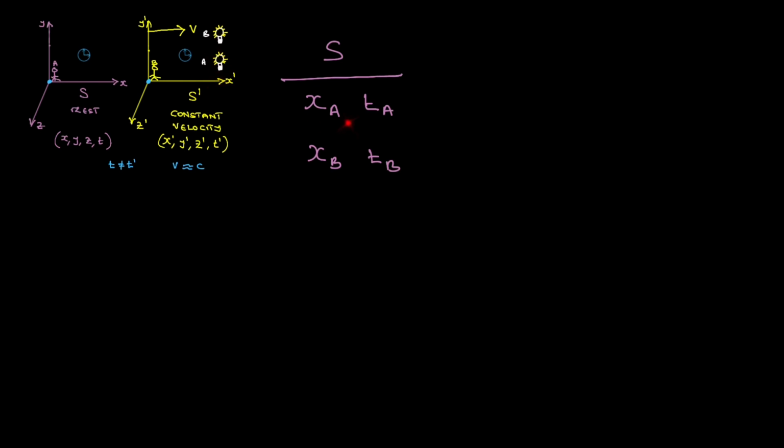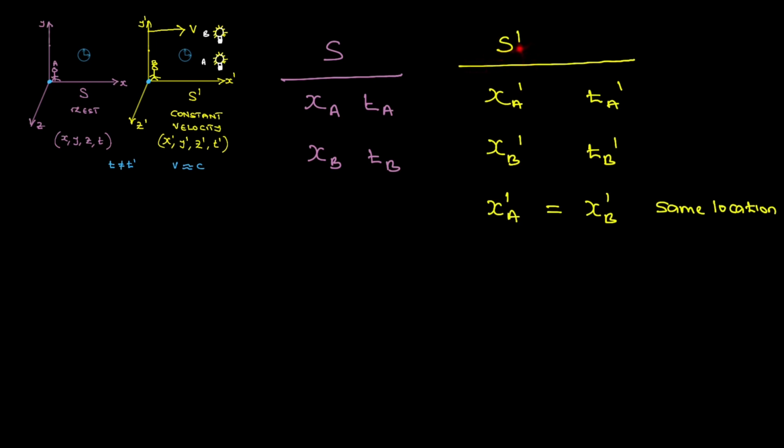X in this case is XA and XB from the S frame of reference. From the S prime frame of reference, you have XA prime, TA prime, XB prime, TB prime.